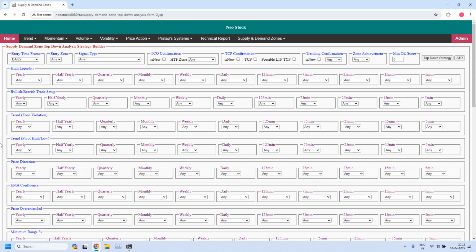Exactly the same way, whoever is trading as per supply demand zone core strategy. What is supply demand zone core strategy? The zone should support according to either bullish trend or bearish trend, apart from the other rules related to price direction and location. Those who are trading as per core strategy will be using these reports, and especially these reports are for short-term income traders.